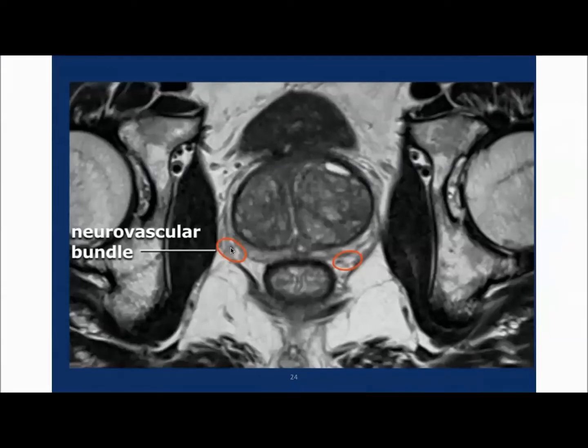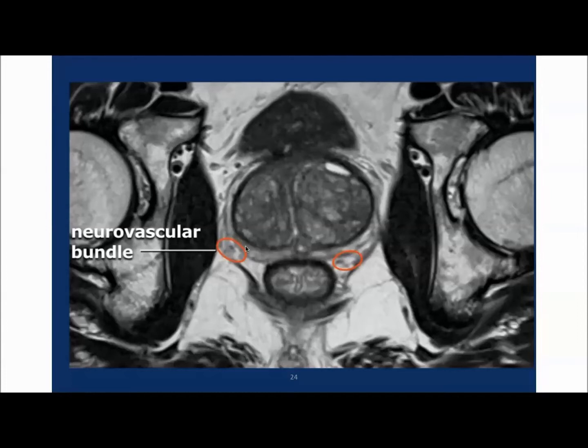Now, this is another important anatomical structure. Once you have identified the peripheral zone, you've identified the capsule of the prostate. The neurovascular bundles are here at the 5 and 7 o'clock positions, as you see during radical prostatectomy as well; this is the location of the neurovascular bundle. Once our expert radiologist shares various pathologies of prostate cancer, you will be able to see how the neurovascular bundles are identified in abnormal MR images, and how their involvement is diagnosed.